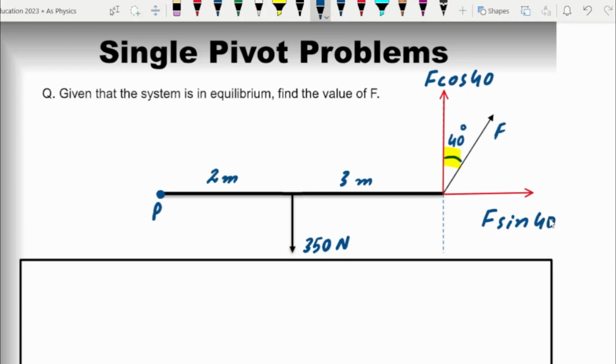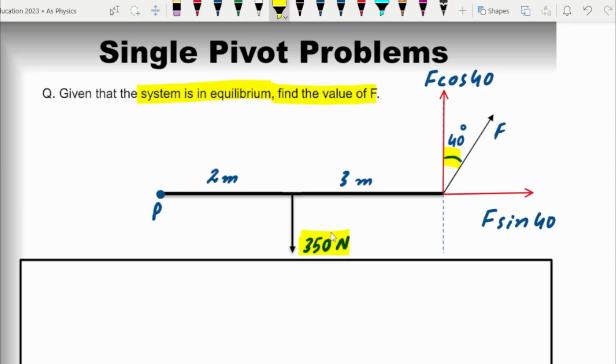Now in the calculation, because you need to find the value of F, and the system is in equilibrium, means you can apply the principle of moment. The clockwise and the counterclockwise moments would be equal. So we can safely apply the principle of moment. So we have one of the forces here.